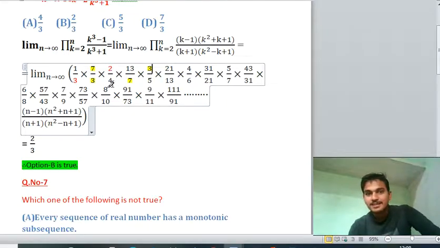So leave 2. Then go to 4. You have to move: first step, second step, third step, fourth step. After moving 4 steps, you get 4 as numerator, so these two are cancelled.